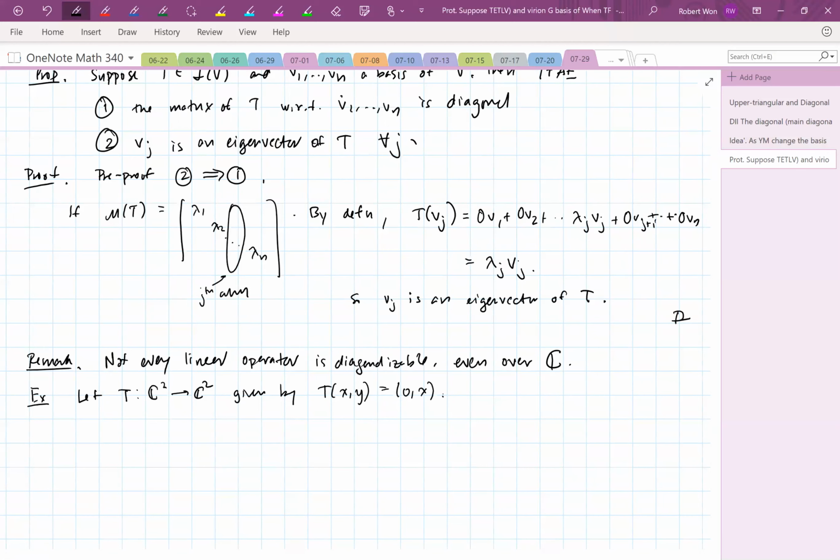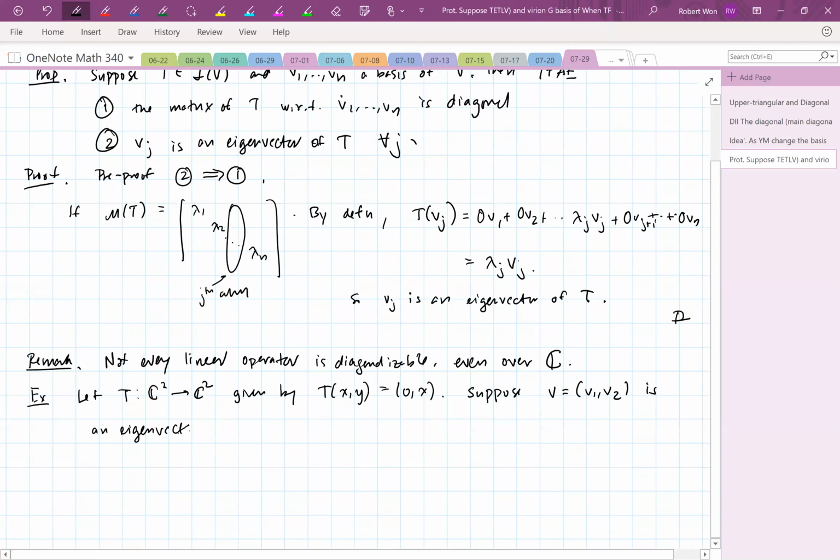Okay, so you could do this by writing down the matrix of T with respect to the standard basis, and then computing the characteristic polynomial as you did in Math 308, finding its roots. But we haven't covered determinants, right? So this we can just analyze by hand. Okay, so suppose that V is an eigenvector with eigenvalue lambda.